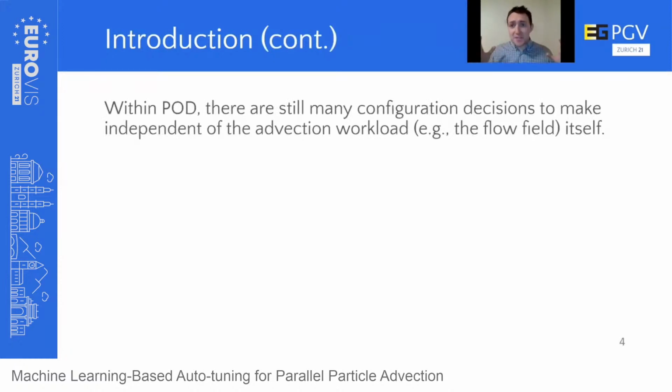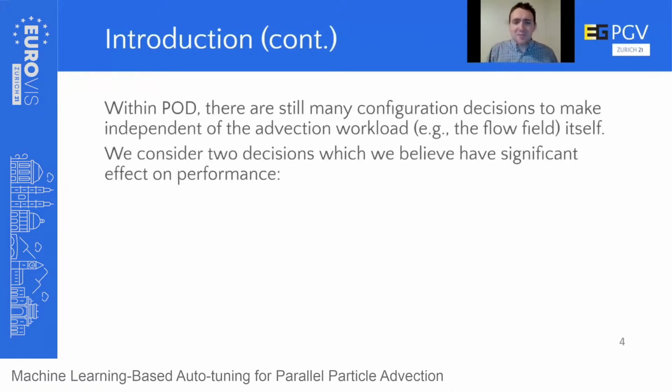So within this particular approach called POD, Parallelize-Over-Data, there are still a lot of configuration decisions that one needs to make independent of the flow field. There are two decisions in particular that we're investigating in this work, which we think have a significant impact on the performance of our Parallelize-Over-Data advection algorithm.